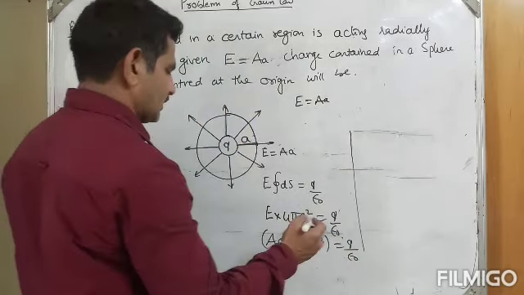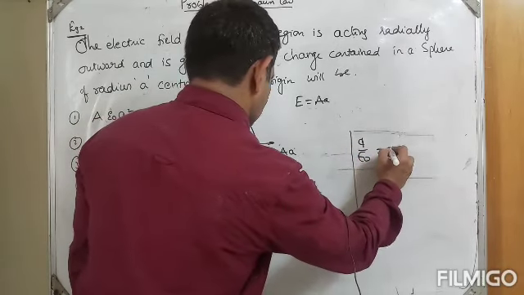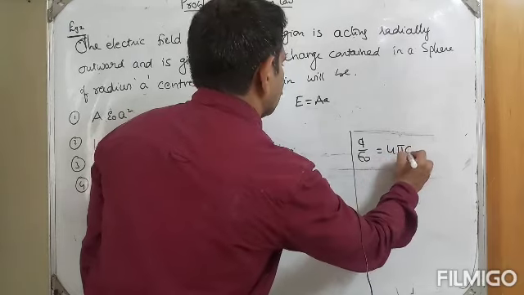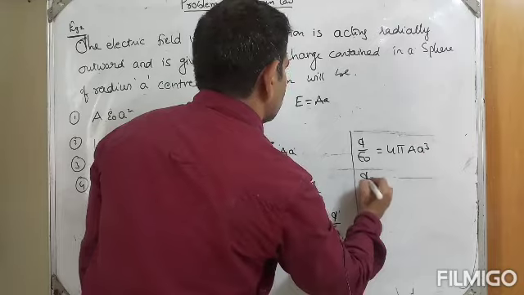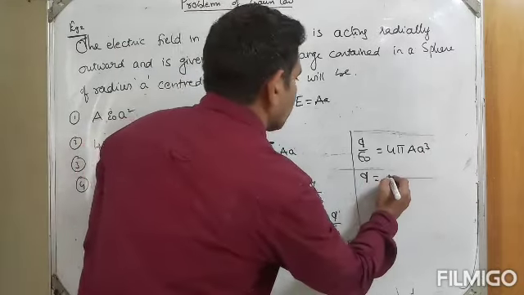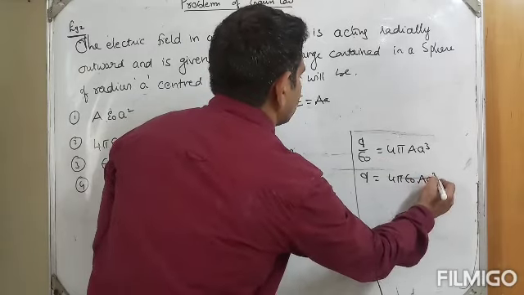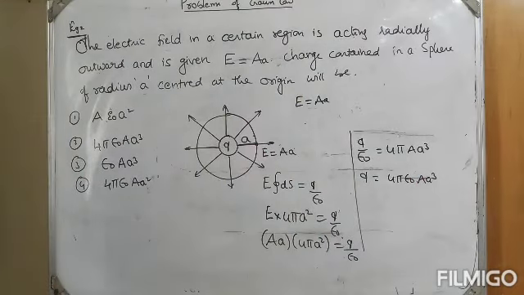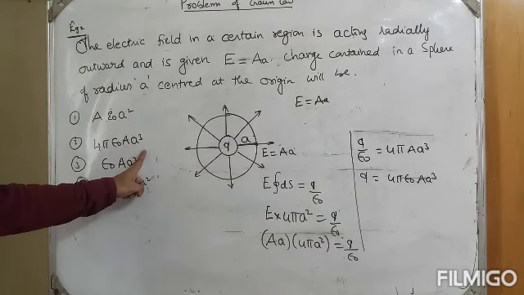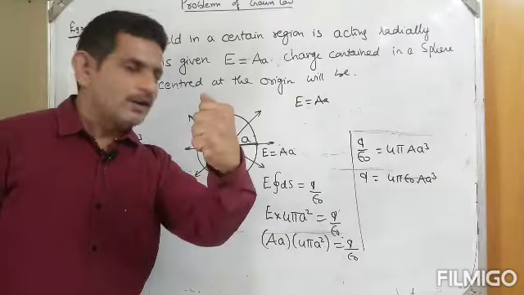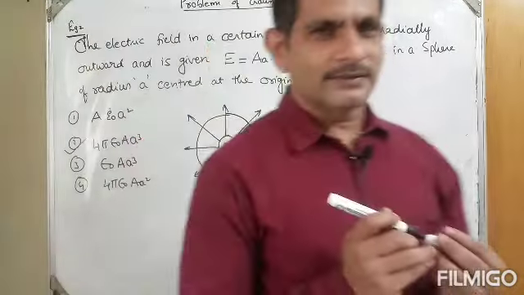Therefore Q by epsilon naught is equal to 4 pi A a cube, so Q is equal to 4 pi epsilon naught A a cube. Is there any option? Yes, we got it. This is the answer. Right?